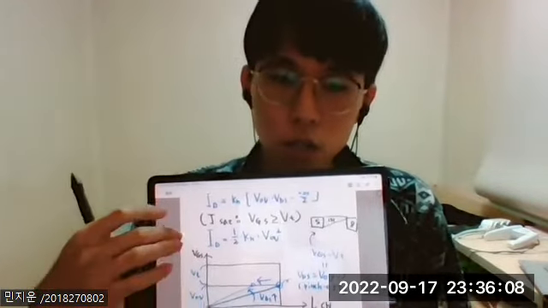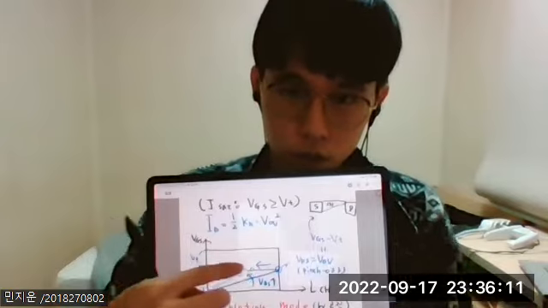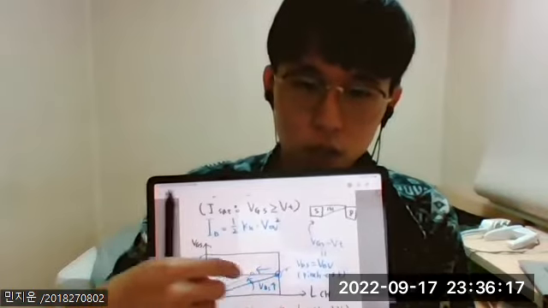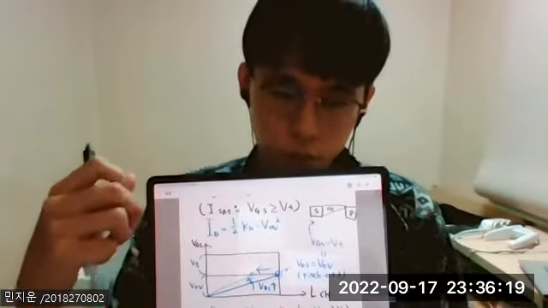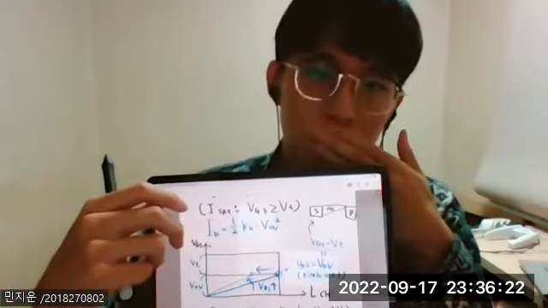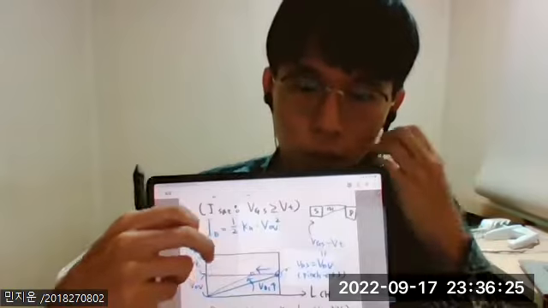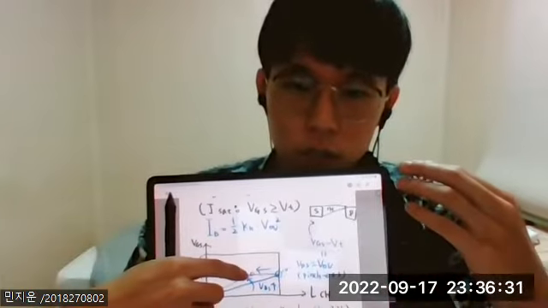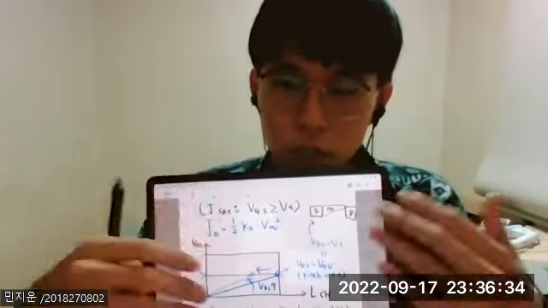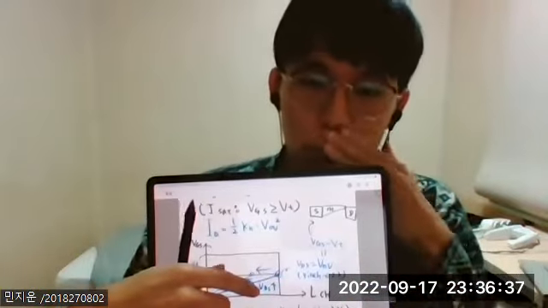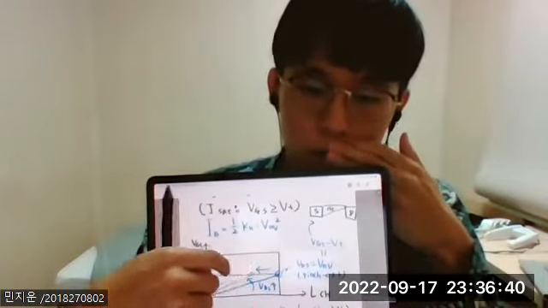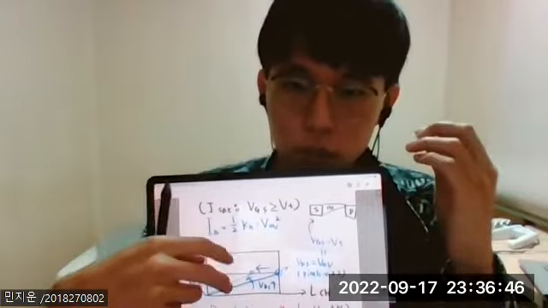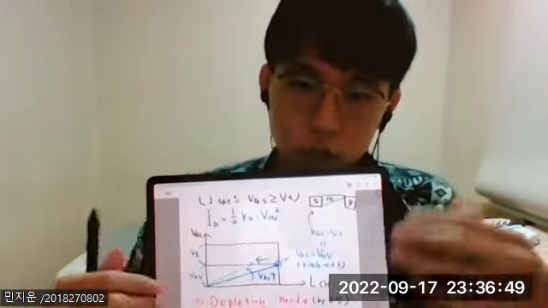But in the real world, the channel length is small, and at this situation the current is not saturated, because the channel length affects the current. This problem is called short channel effect.